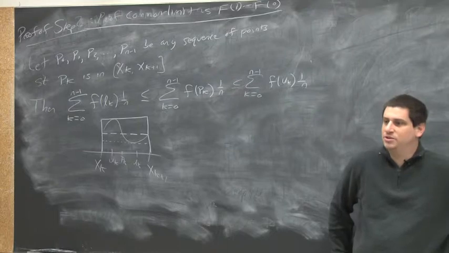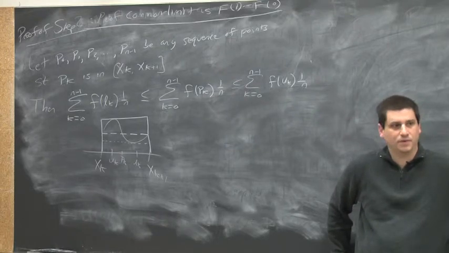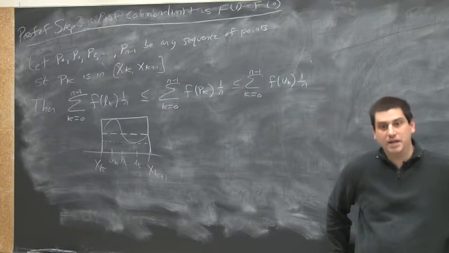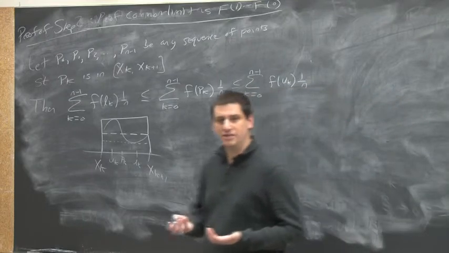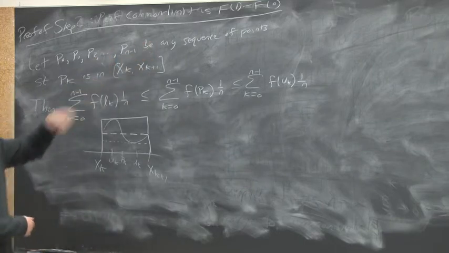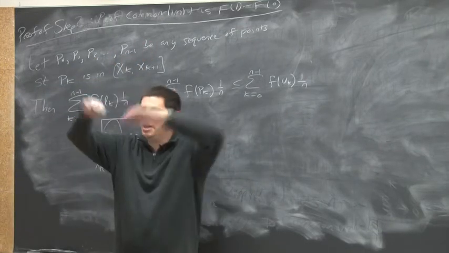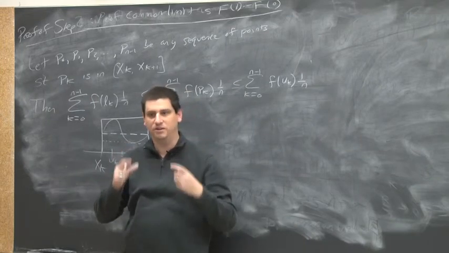What function did we apply it to before to look at lower sums and upper sums? We applied it to little f. What might be a good thing to try applying it to now? Big F. What are we trying to get to? We're trying to get to big F of 1 minus big F of 0. So again, in some sense, the entire point of today's lecture is this 1 minute right now.